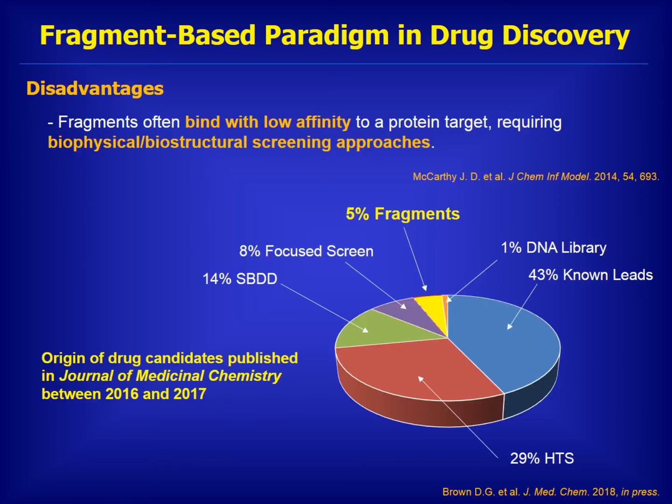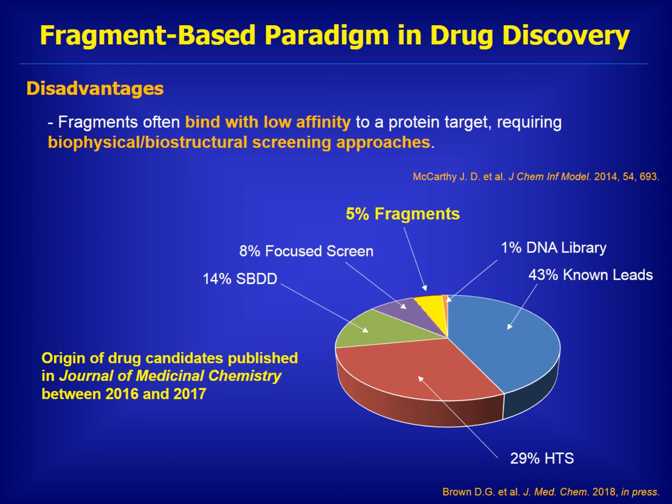As a disadvantage, fragments require biophysical and biostructural screening approaches since they bind with very low affinity to a protein target, so we need a very sensitive method to detect these binding activities. This may in part explain what we have at the bottom of this slide.